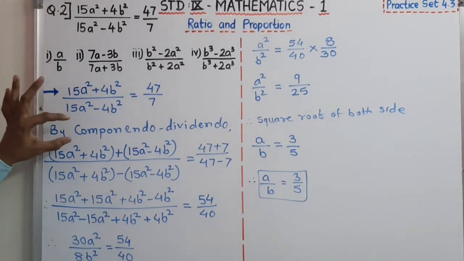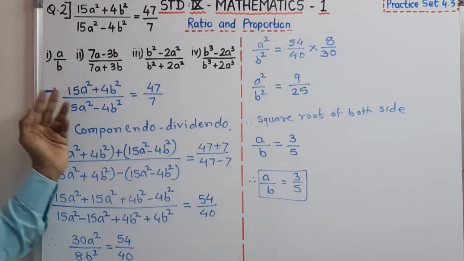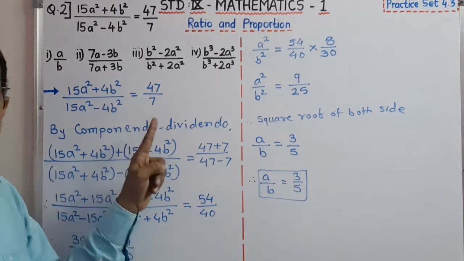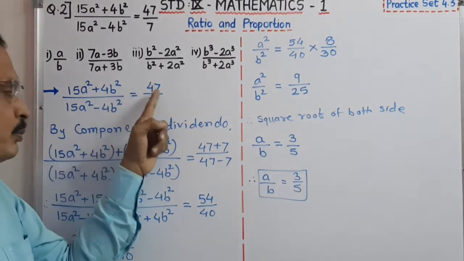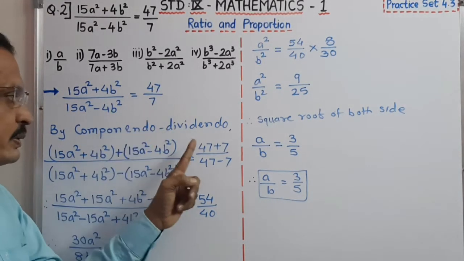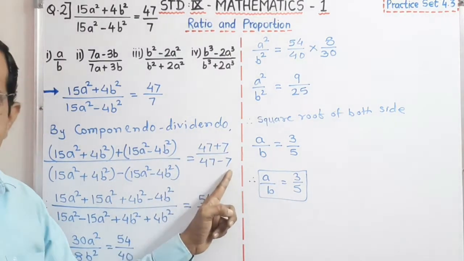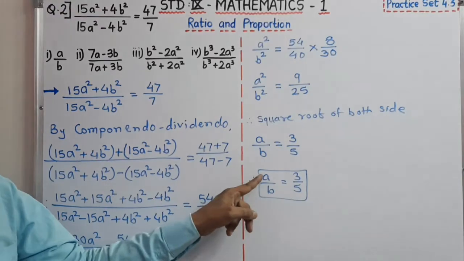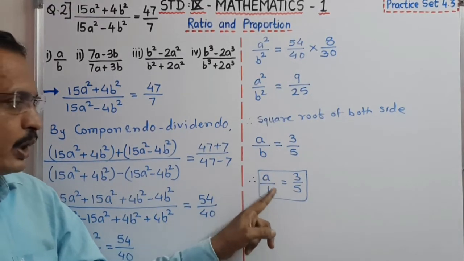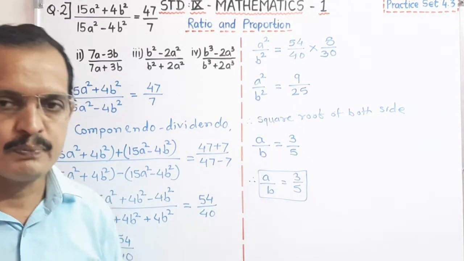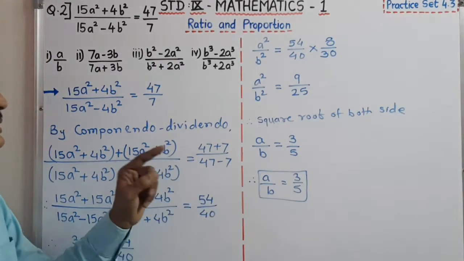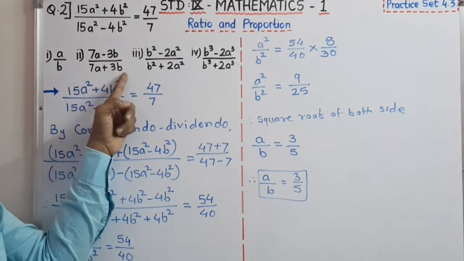Therefore that process we applied again on both the sides. Remember, on both the sides, this side also, and for this ratio also, 47 upon 7, 47 plus 7 and 47 minus 7, and we will get the value of a upon b, that is the ratio a upon b is equal to 3 upon 5. Now dear student, by using this we have to find out this. Got it?